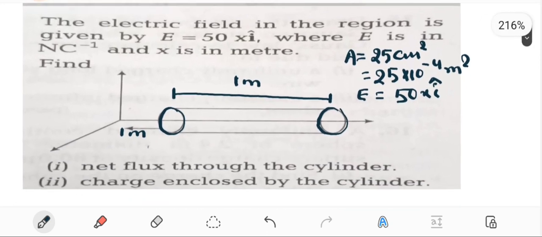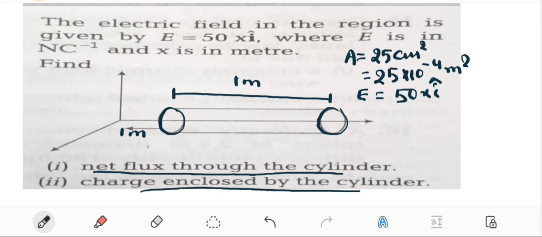One, we have to find the net flux through the cylinder. And the next thing, we have to find the charge enclosed by the cylinder. For net flux, students, we have two surface areas. One is this one, the left part, and the right part, that is this one.